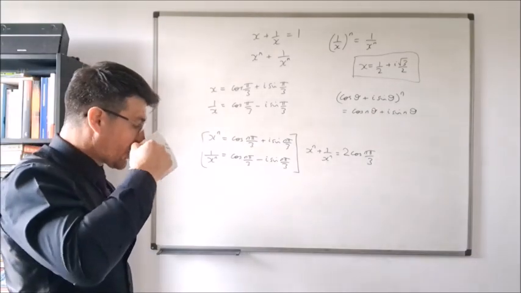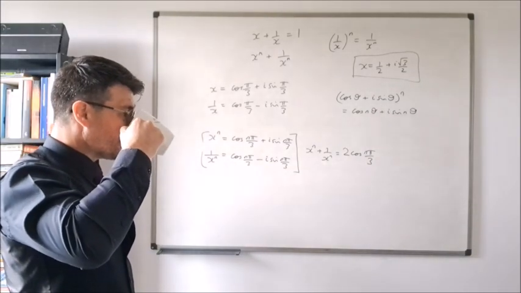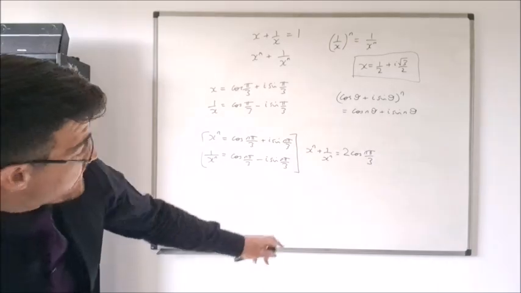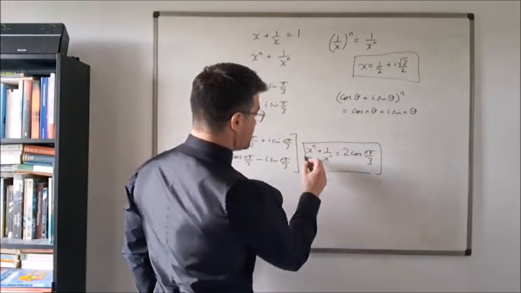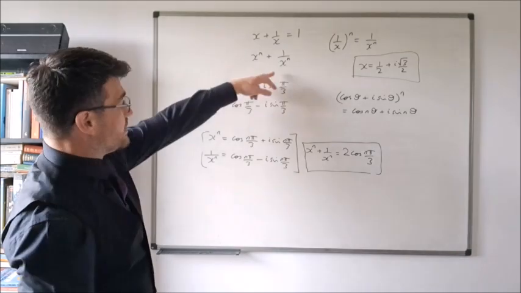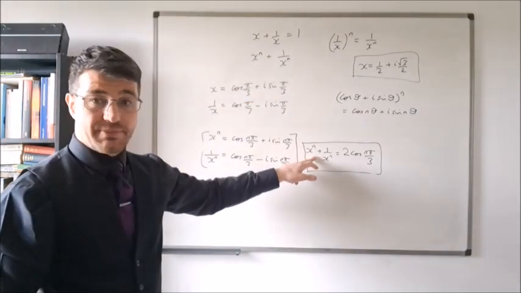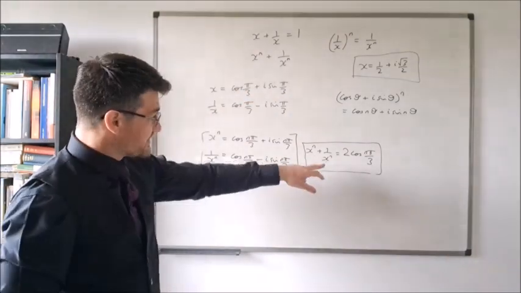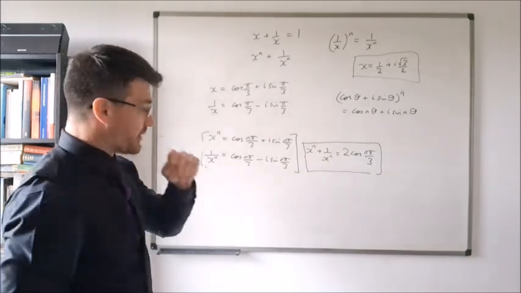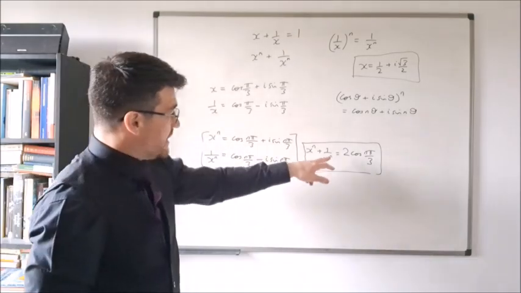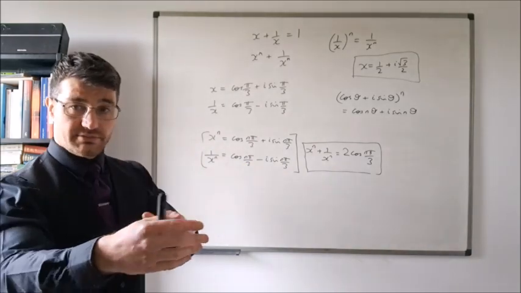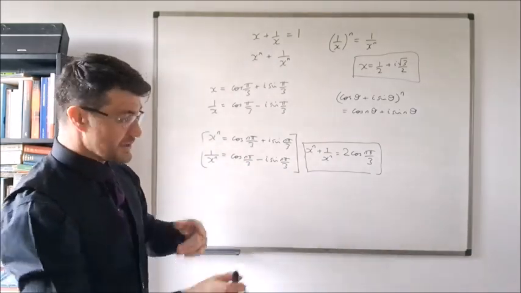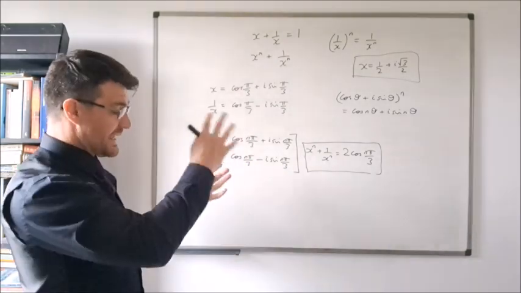So this is the value that we're looking for, the value of the nth power of x and the nth power of the reciprocal. So we can check this against the values that we got before using the elaborate method.